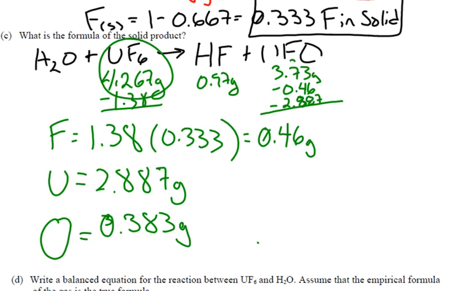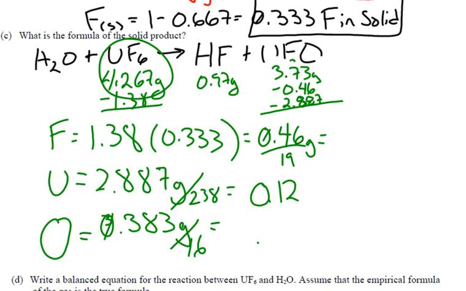So now we have grams of each thing, and we're asked to find an empirical formula, which is not that hard. So again, we divide by their molar mass. Fluorine is 19, uranium is 238, oxygen is 16. We'll get how many moles of each of these are present. So we get 0.12 moles of uranium, 0.24 moles of fluorine, and 0.24 moles of oxygen.